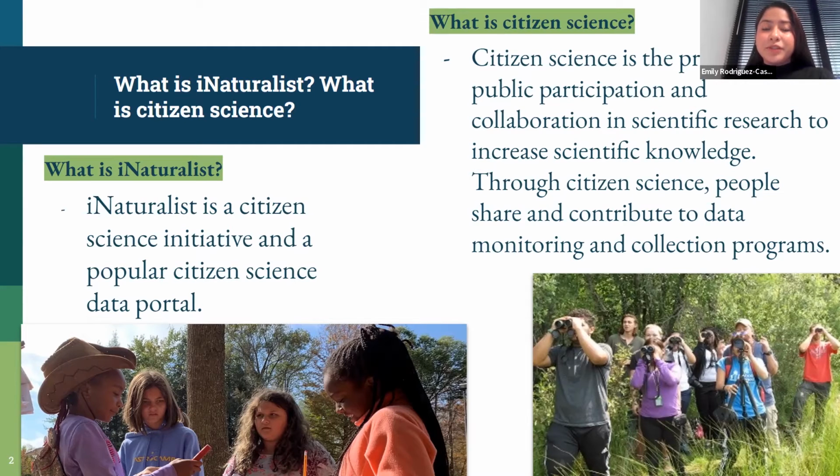You can submit pictures, and when and where you found this organism. And tools with iNaturalist can help you identify what this organism is, or the community can actually find out what this is. And this all is like a database, and you can use information found by other people to research organisms like I did. Yeah, it's a data portal.